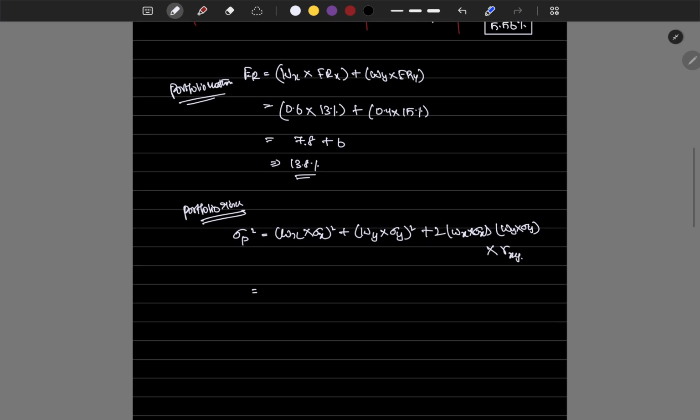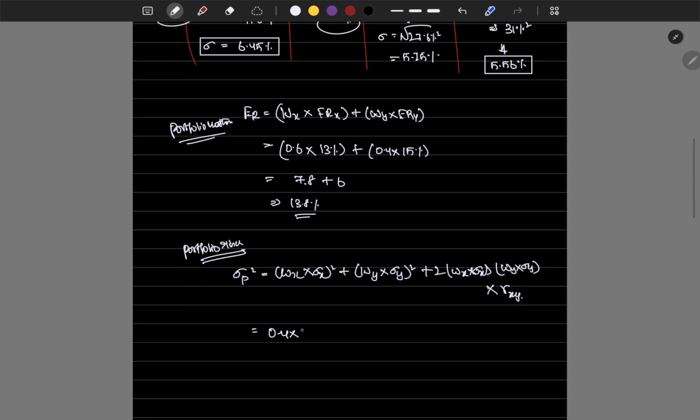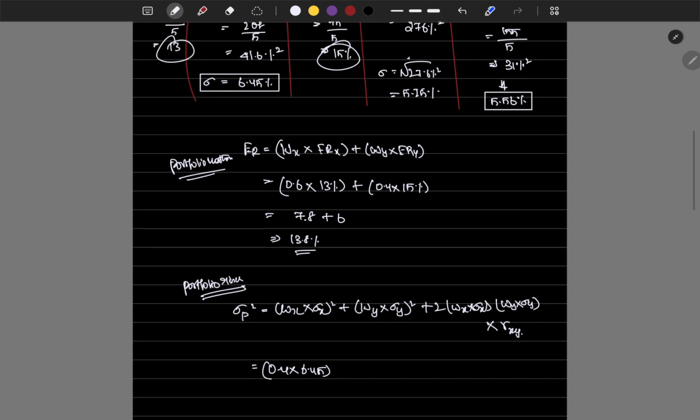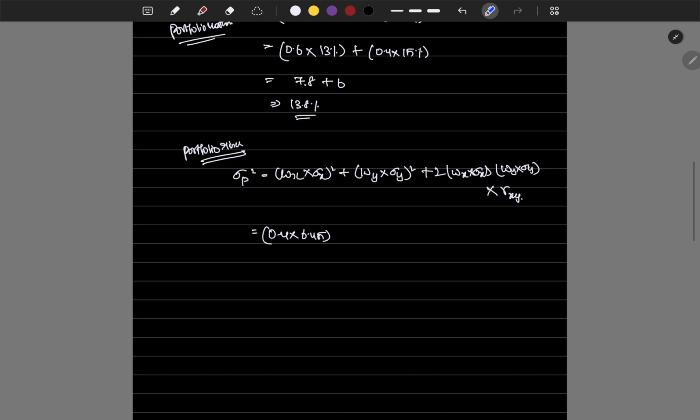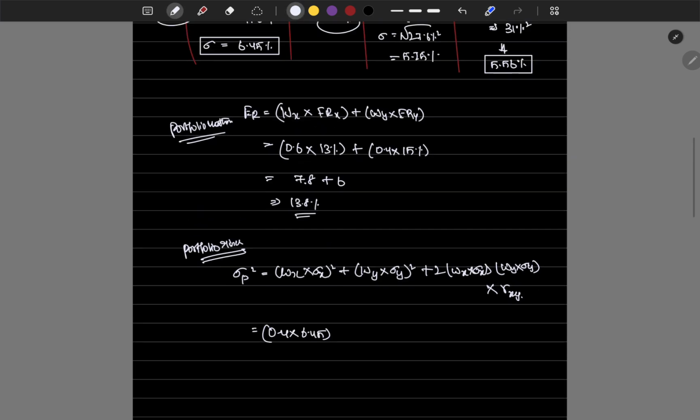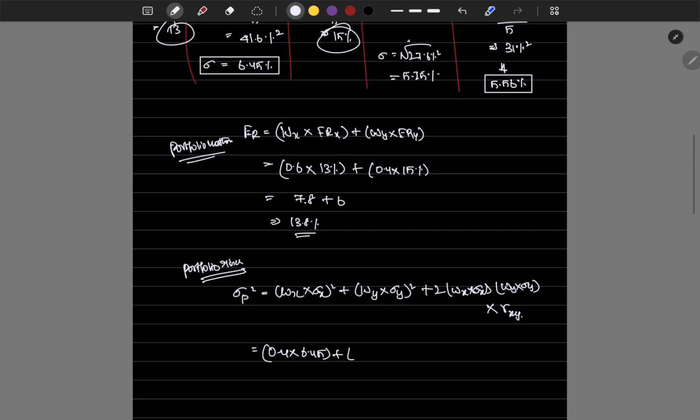Okay, what's the weight of x, which is 0.4 into what's the risk of x, which is 6.45, that we have already found out. Plus weight of y.